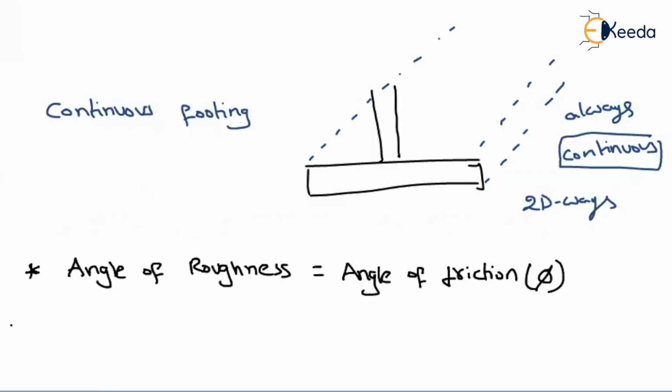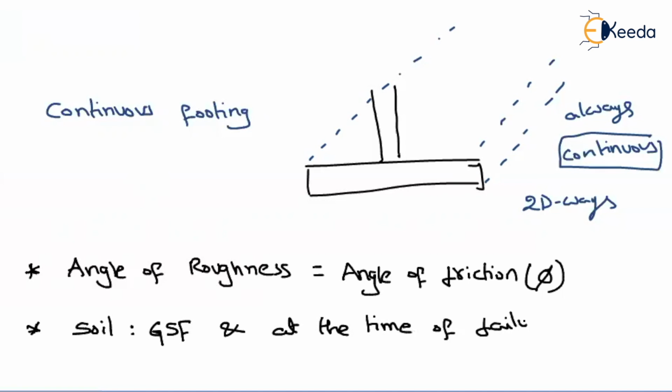And he has considered that the soil will fail because of general shear failure, and at the time of failure, the soil reaches plastic equilibrium.